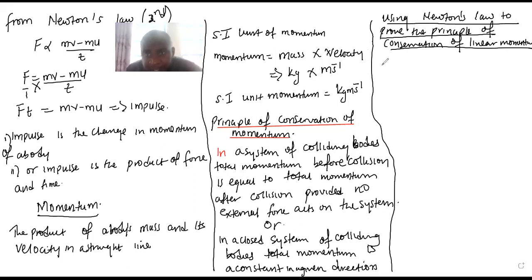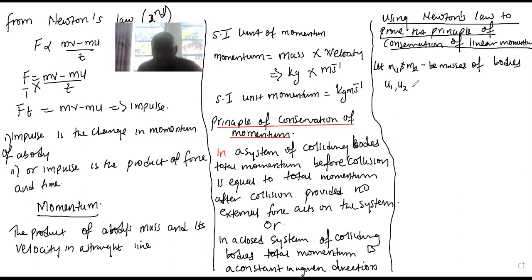Now, if you let the masses of the colliding bodies be M1 and M2, then you let U1 and U2 be their initial velocities. You can let V1 and V2 be their final velocities.